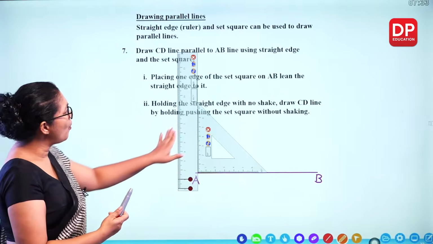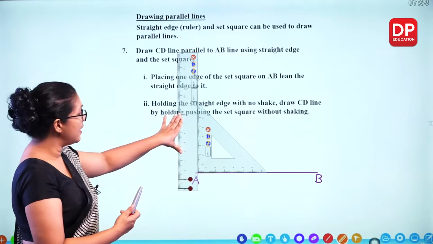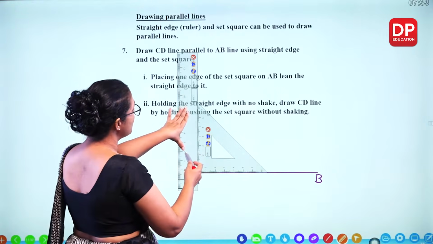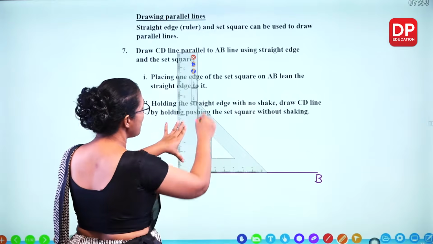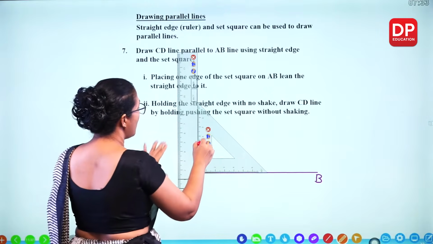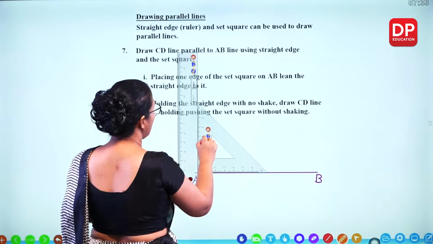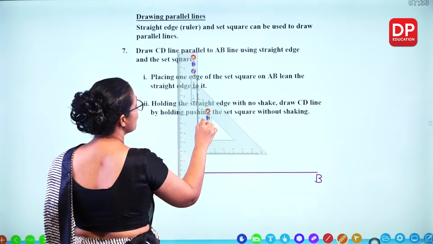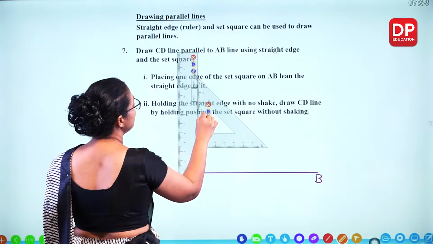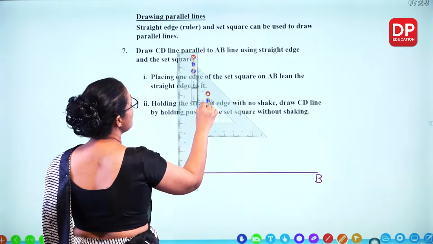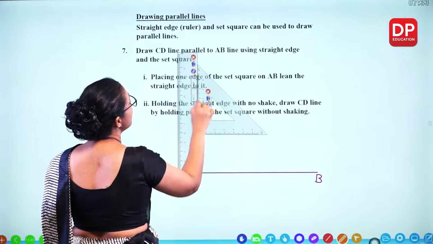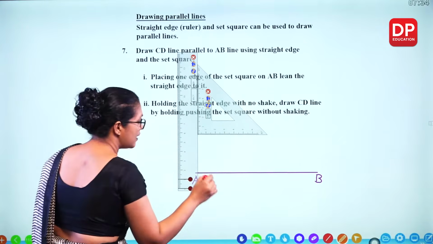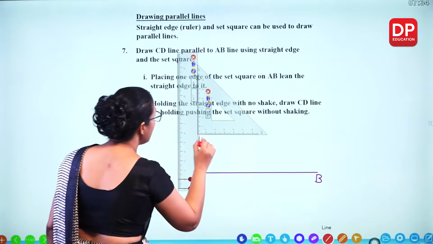Now hold the straight edge, that means the ruler, and you can push the set square without shaking to any level, and you can draw the line. So I'll draw the line now.